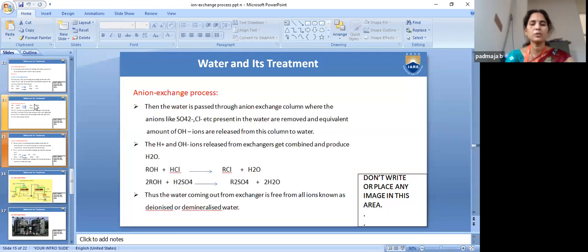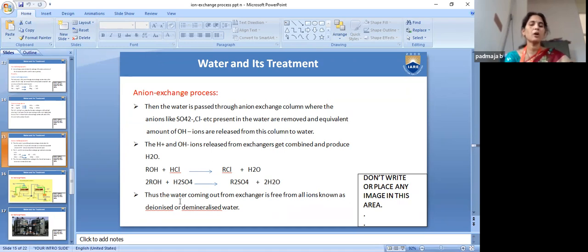So we can take one more example here, where the water contains H2SO4 solution, sulfuric acid. Here the sulfate ions are exchanged with OH- ions present in the anion exchange resin. So we can write the reaction here, R2SO4, that is in the anion exchange resin, plus 2H2O.